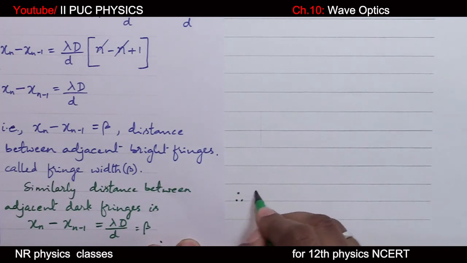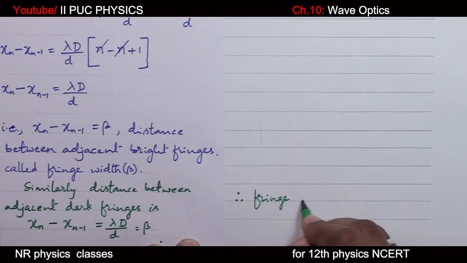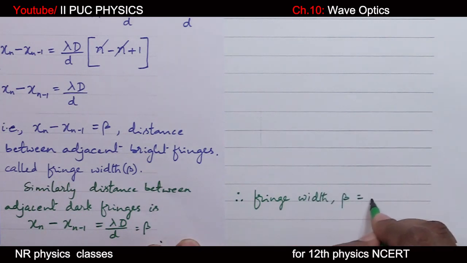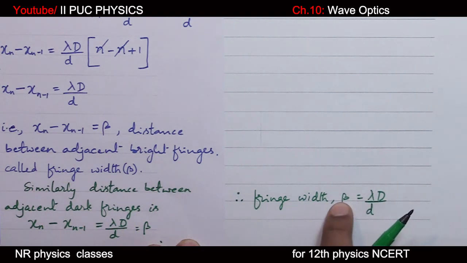Therefore, fringe width is lambda capital D by small d. So fringe width is directly proportional to wavelength. Fringe width is directly proportional to capital D, the distance between slits and the screen. And fringe width is inversely proportional to small d, the distance between the slits.